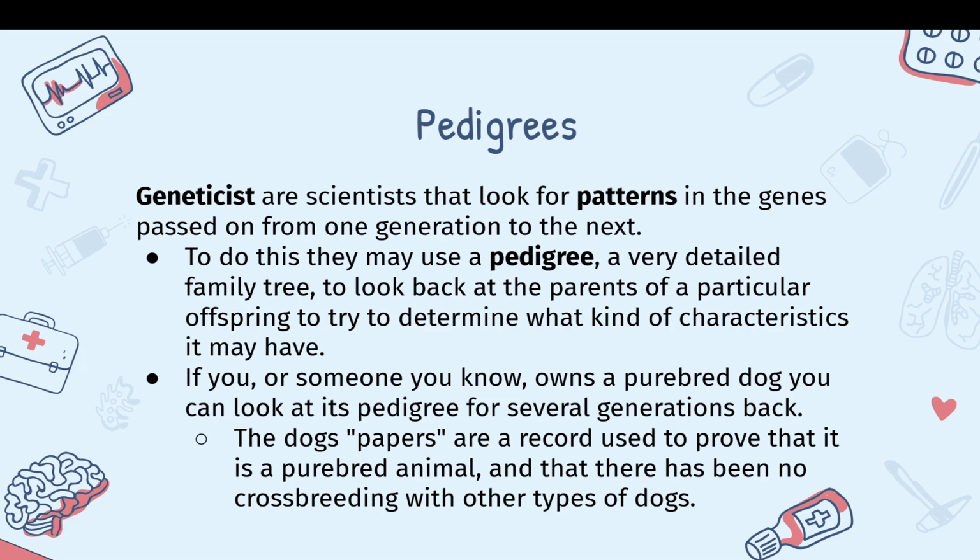And so what they can say is that, for example, you're buying a bulldog that is a purebred bulldog because we can trace back many generations where all of the parents, grandparents, great grandparents were themselves all bulldogs. And that nowhere along the way did like a Chihuahua be one of the grandparents or something like that, because that would mean that there is genetic information in the dog making it not a purebred.